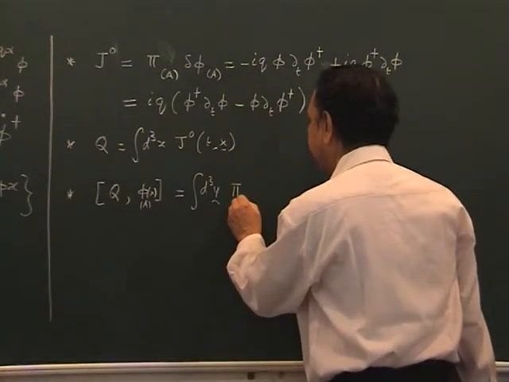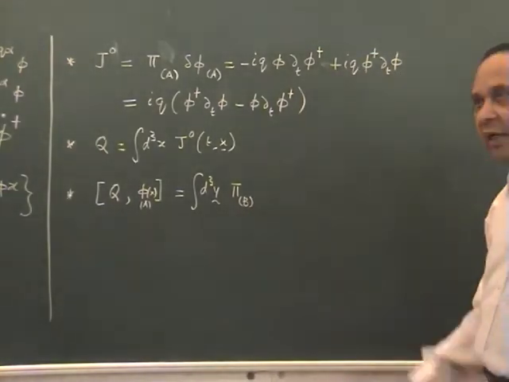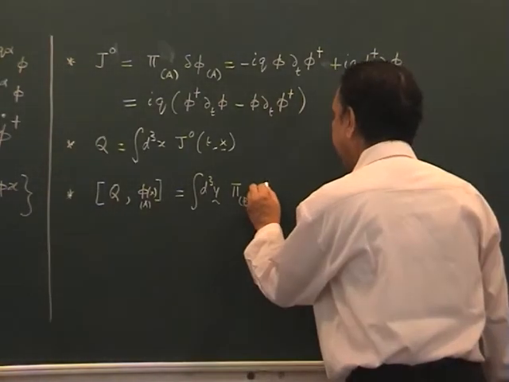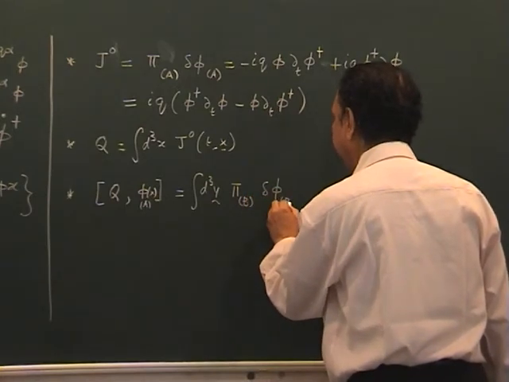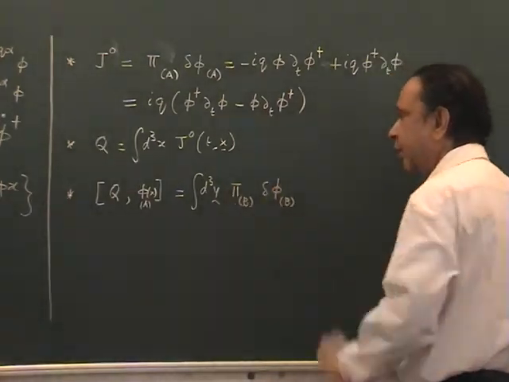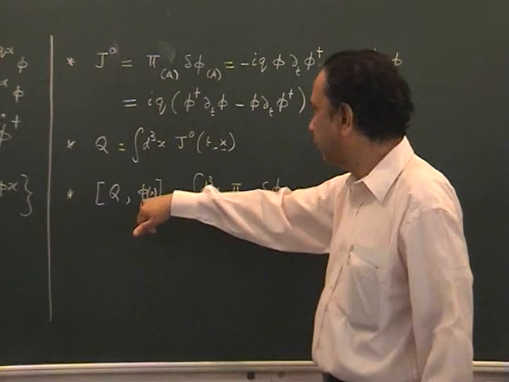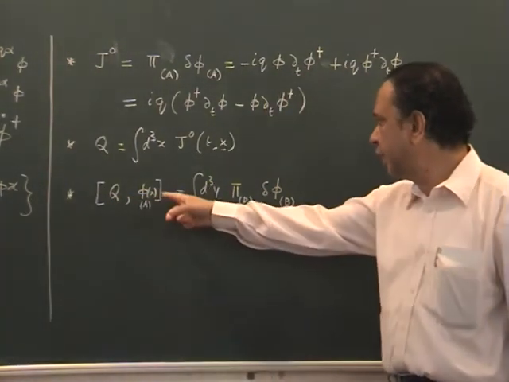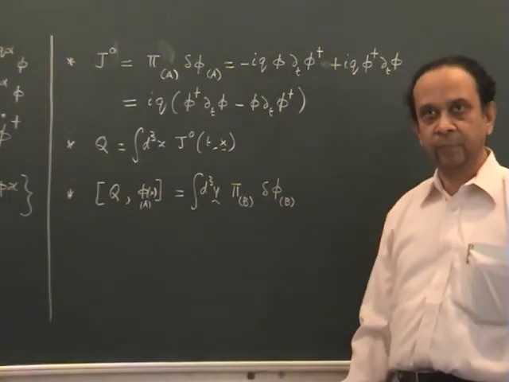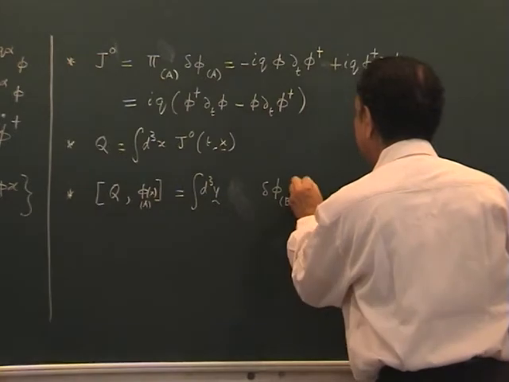So this is pi for some component b, because it is being summed over again, so I am using a dummy index there, times delta phi of b. These things are evaluated at y. So this integral is what defines for you your charge Q. And I have to do the commutator of that with respect to phi. Okay? So you end up getting this commutator.